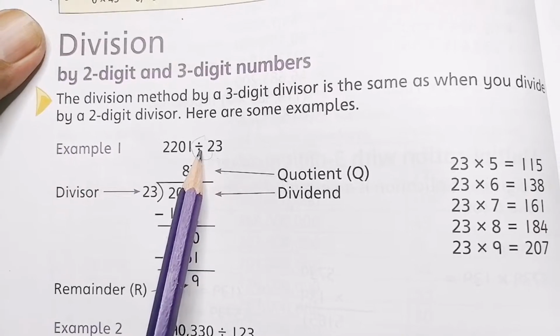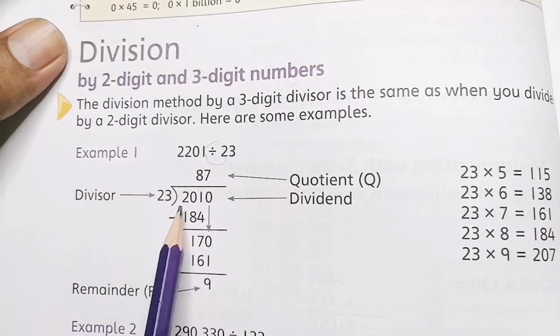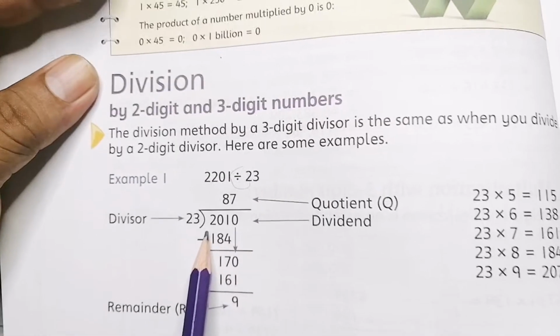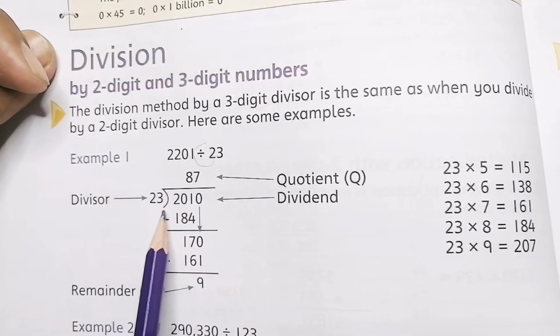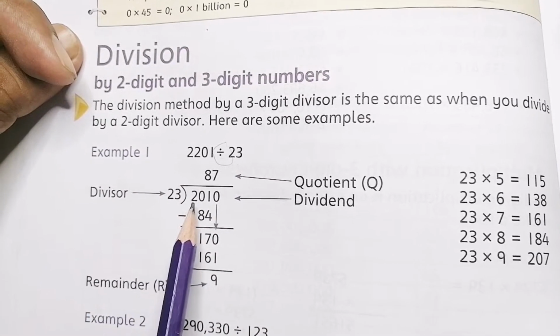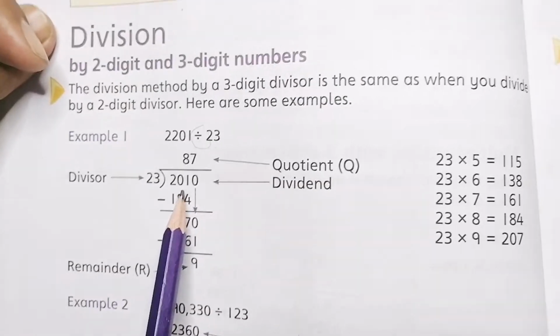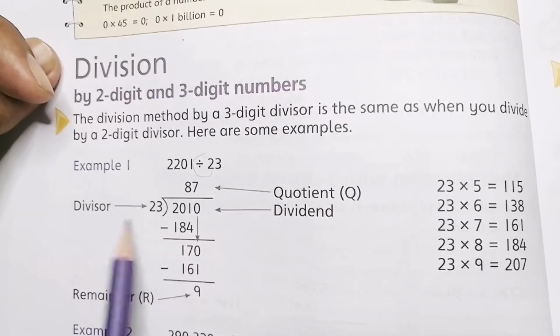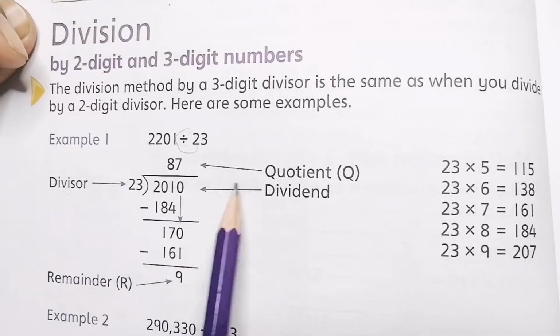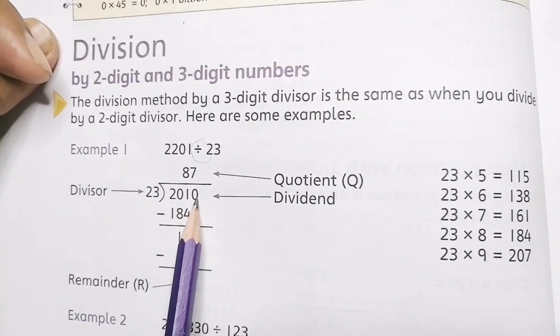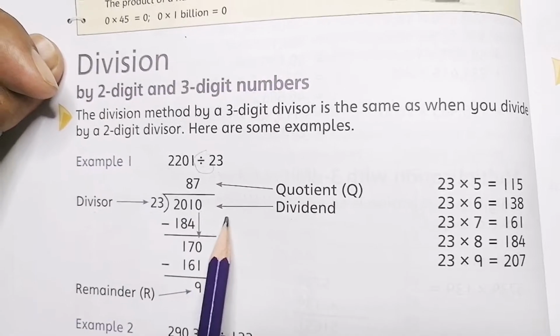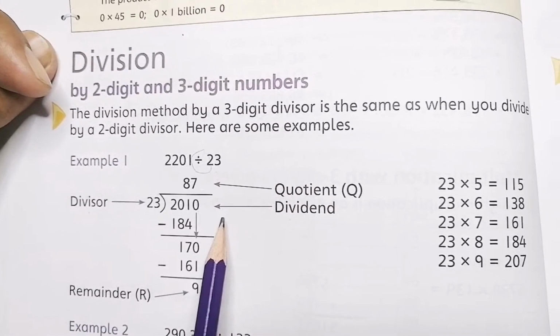One is this and the other one is this. So this is horizontal form, then we write this in this shape, right? So 23 is outside the division bar, and then 2010 is inside. So this 23 is called divisor, right? And 2010 is dividend, the number which will be divided.